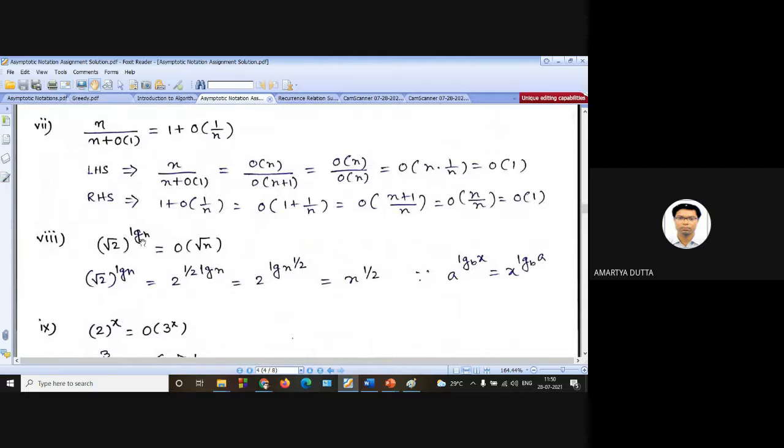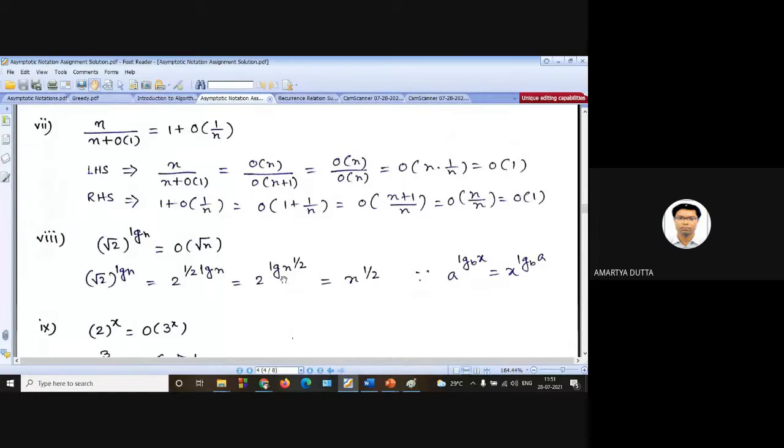Root 2 whole to the power log n is equal to big O of root n. How to write? We know root 2 is equal to 2 to the power half. So root 2 whole to the power log n is 2 to the power half log n.